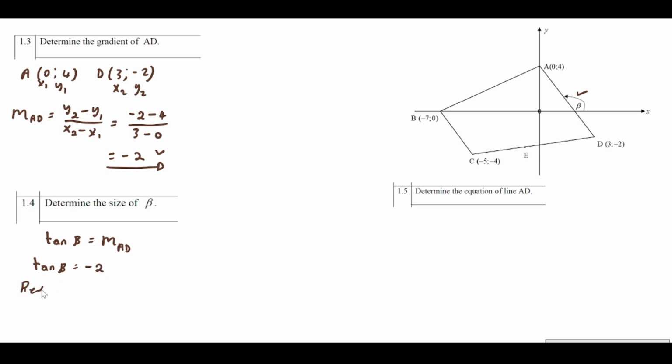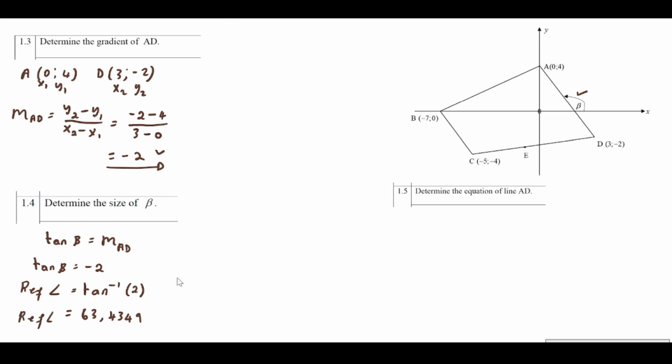Then what you're going to calculate here is your reference angle. Your reference angle is the arctangent of 2. You put it in your calculator and it's going to give us 63,4349. I'll just keep it up to 4 decimal places. This is our reference angle here.